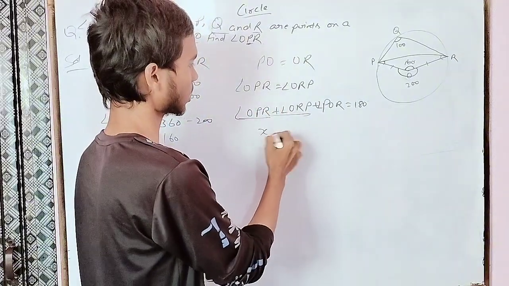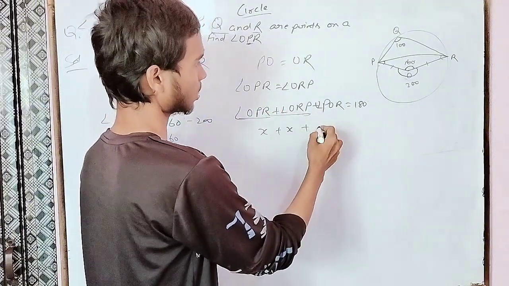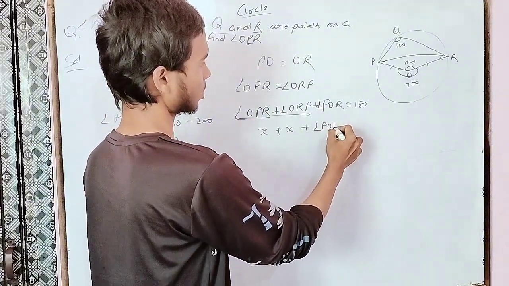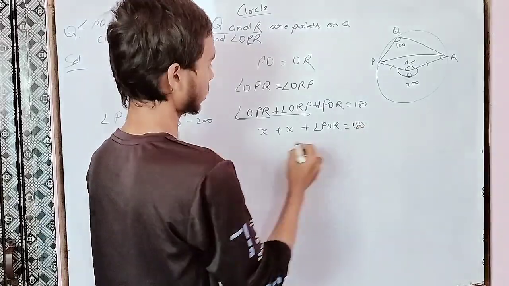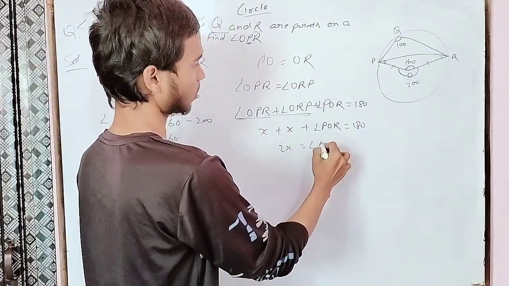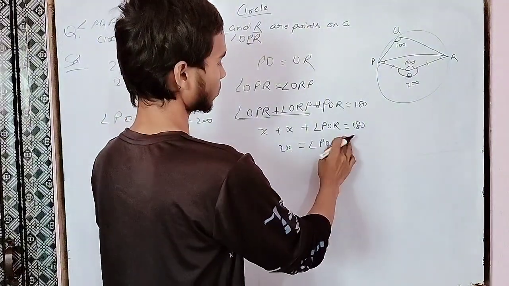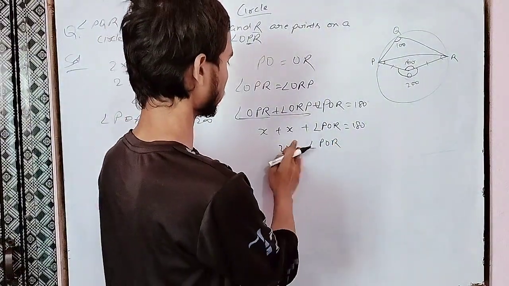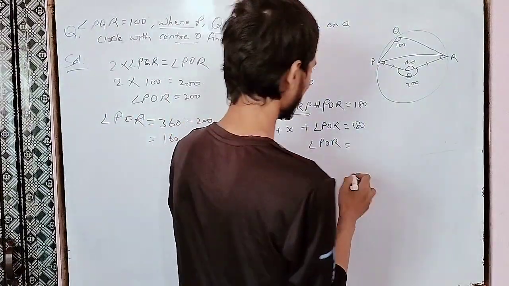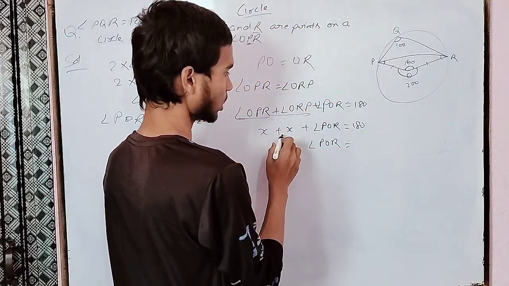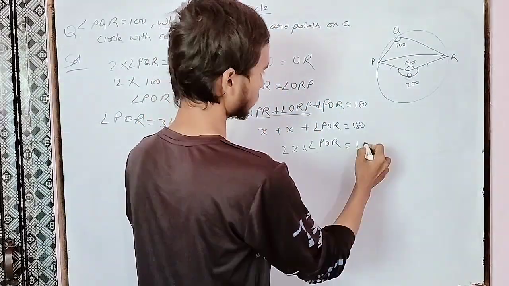So let's say these two are x, so it will be 2x plus POR equals 180.